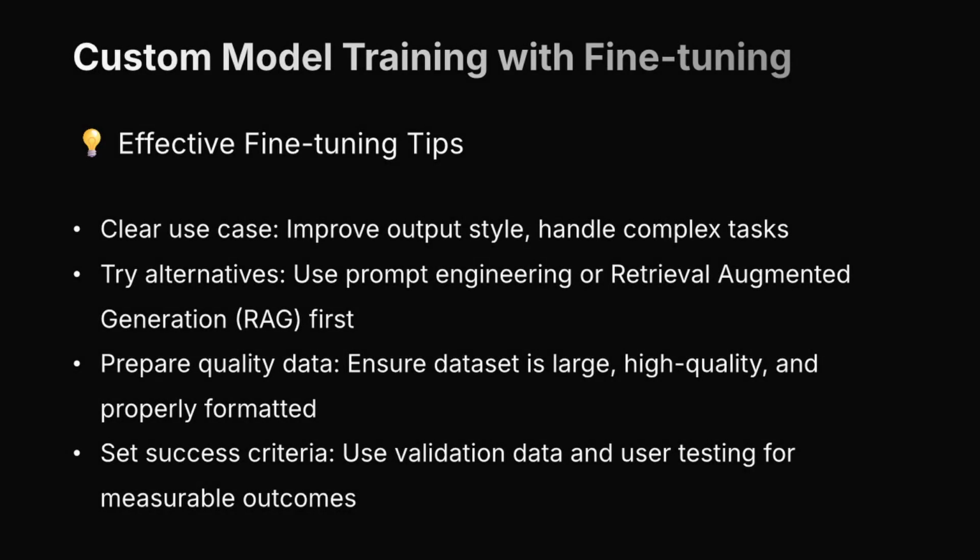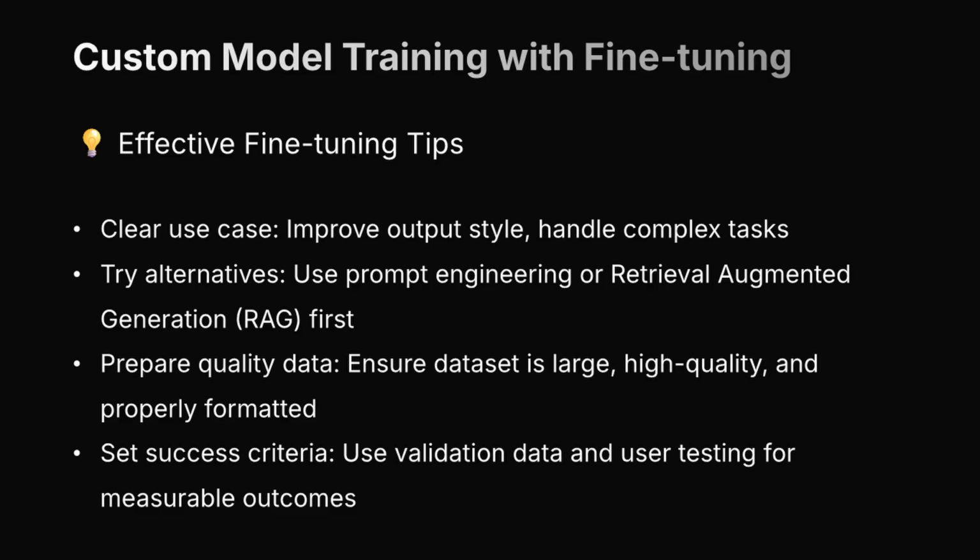To use fine-tuning effectively, we should have clear use cases, as an example, improving output style or handling complex tasks. First, try alternatives like prompt engineering or retrieval augmented generation, RAG, to make sure fine-tuning is the right solution.